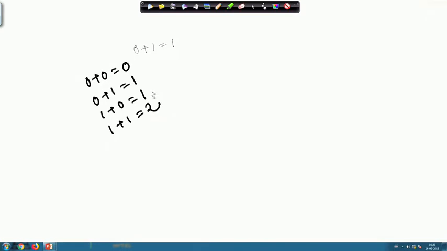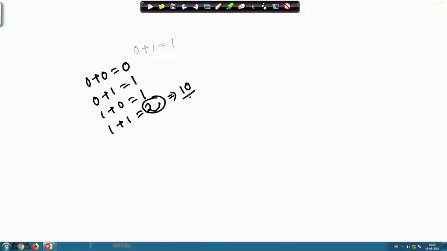In binary we cannot represent this 2 using a single bit, but we can represent it using 2 bits. So, 2 can be represented as 1 0 in the binary coding style.